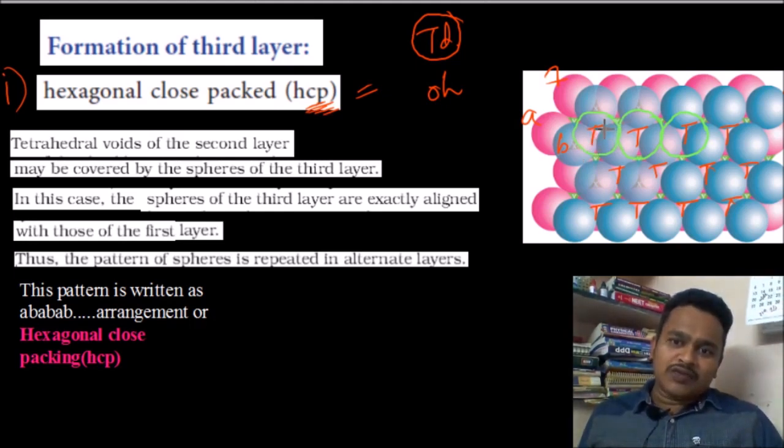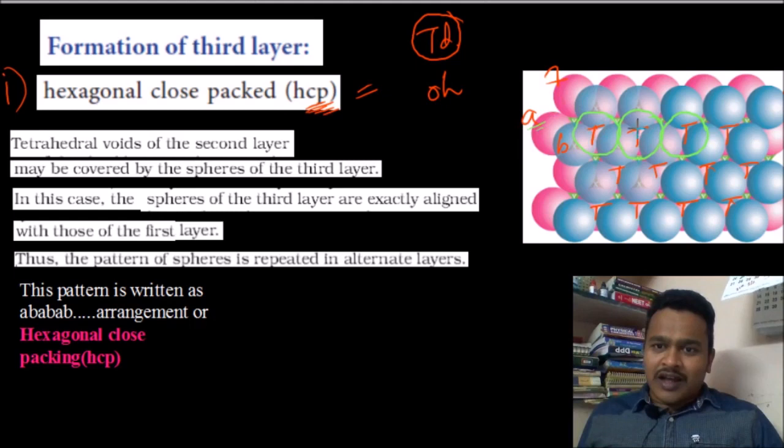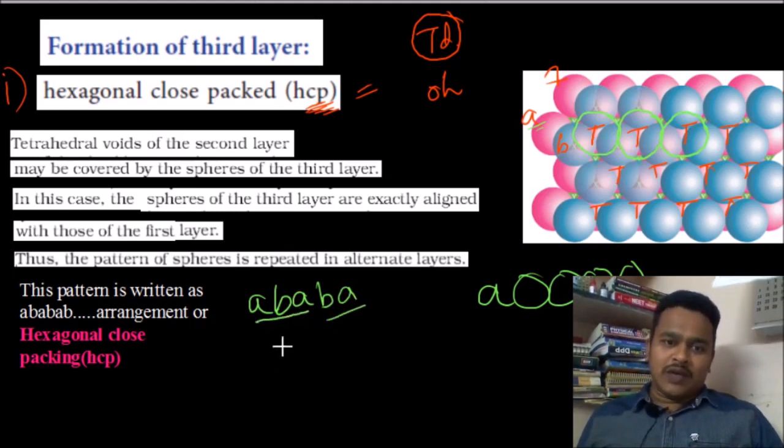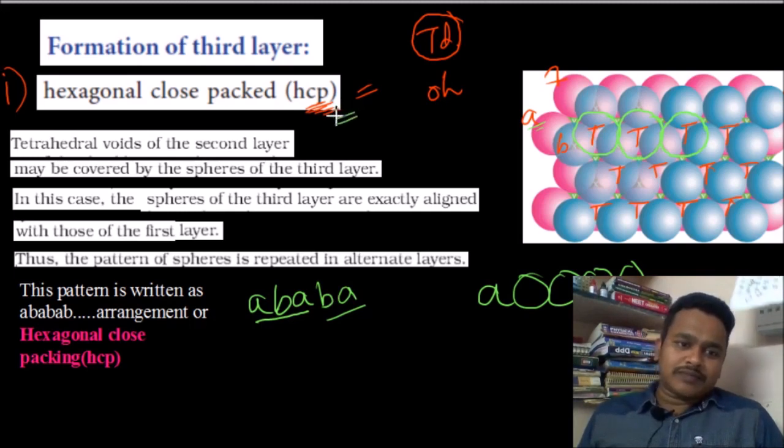The third layer formed by covering the tetrahedral voids is exactly the same as the first layer A. That is why the third layer you are getting is similar to A. That is why this packing is called AB again A. So ABA packing we can call hexagonal packing, otherwise HCP, otherwise ABA, AB packing.